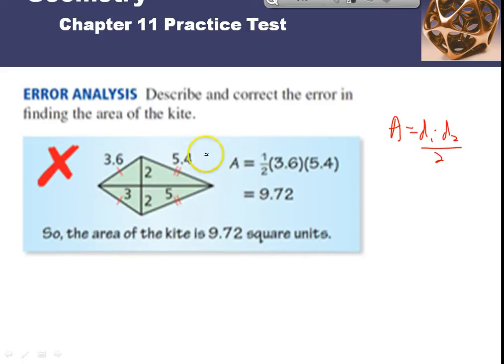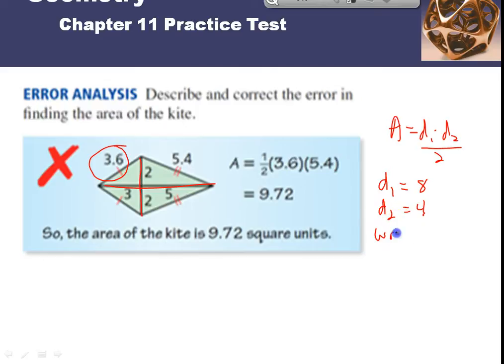So they're using 3.6. Problem is that's not a diagonal. This is a diagonal, and this is a diagonal. So my diagonals are really 8 is diagonal 1, and diagonal 2 is 4. So my diagonals are really 8 and 4.